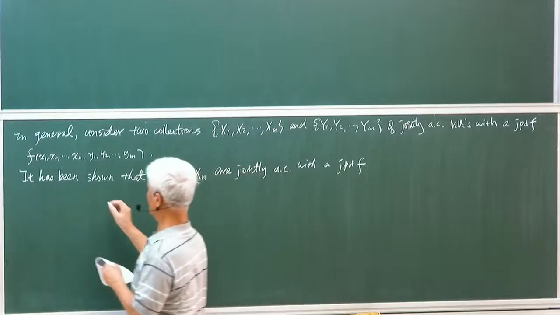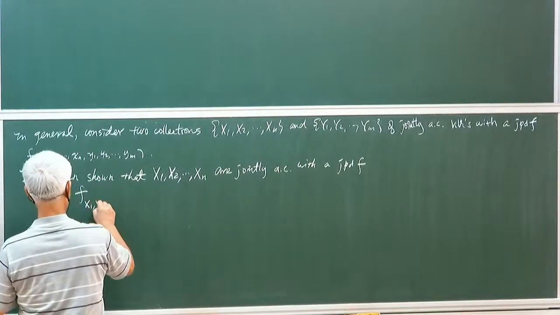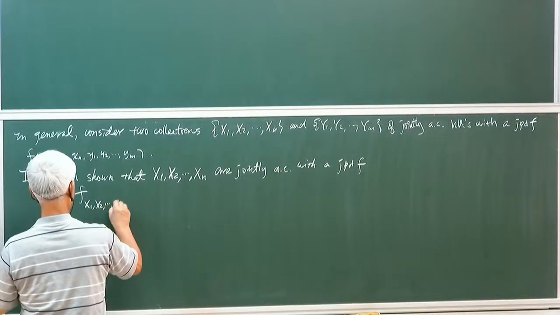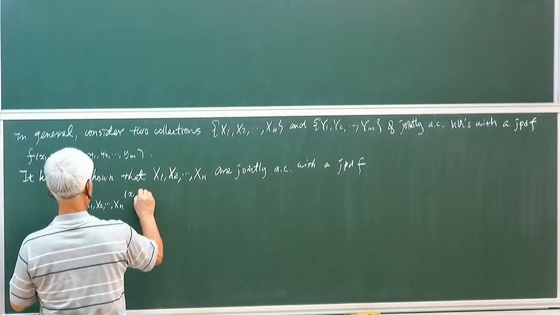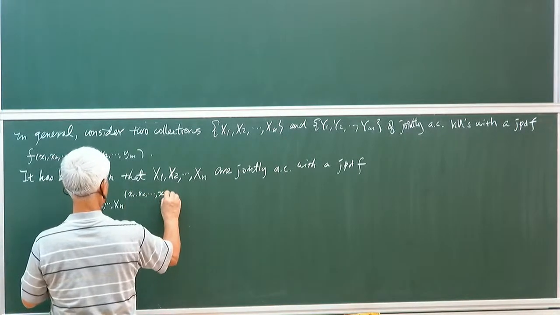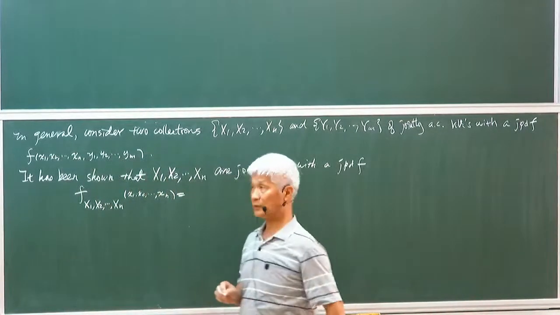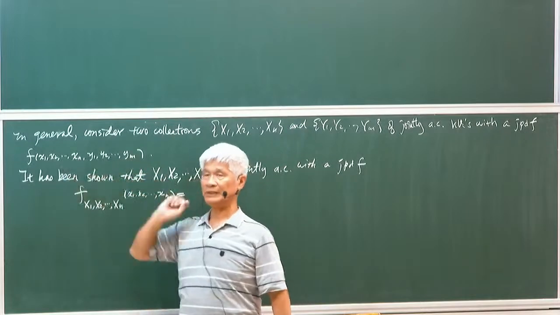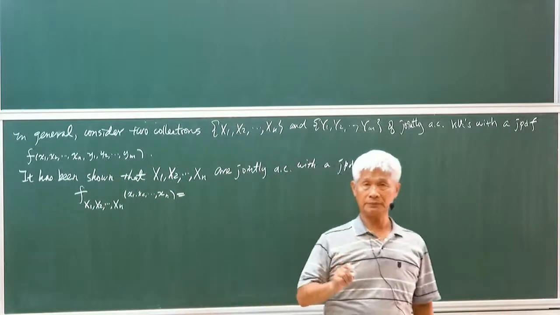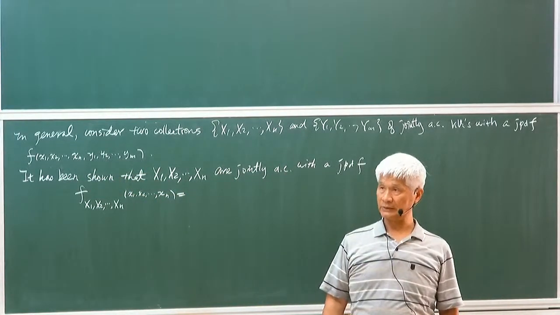Okay, so this joint PDF is denoted as here and can be computed from the joint PDF of the n plus m random variables.